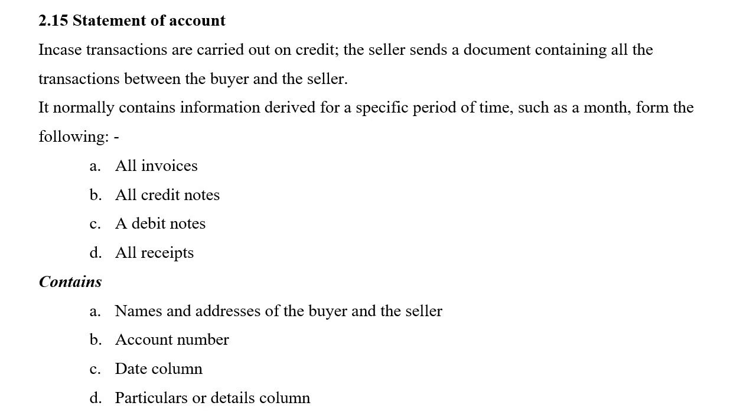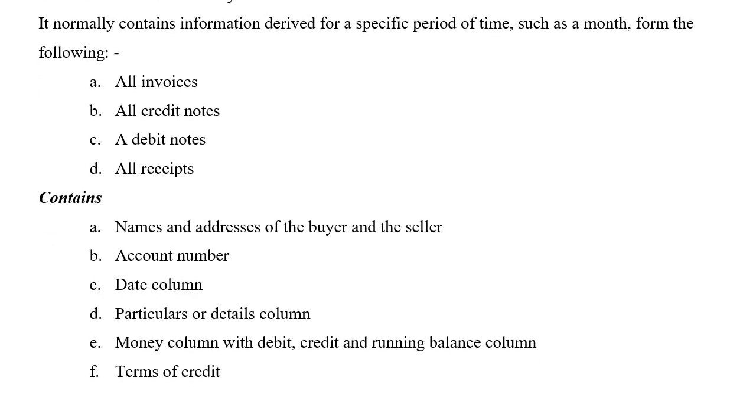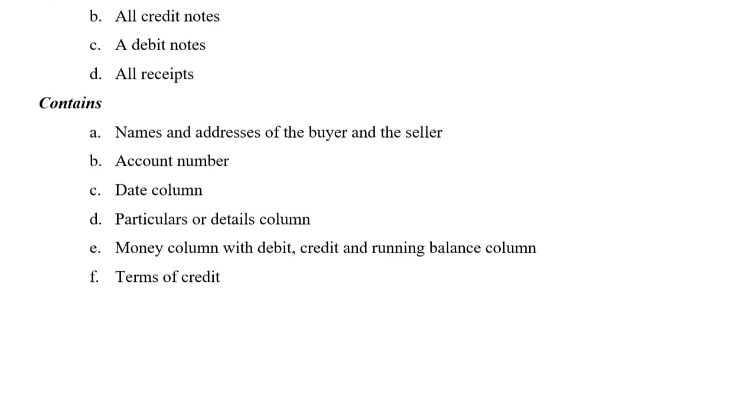And it contains the name and address of both the buyer and the seller, the account number, date column, particulars or details, money column with debit, credit, and running balance column, and also terms of credit.